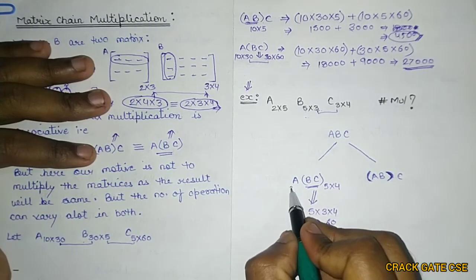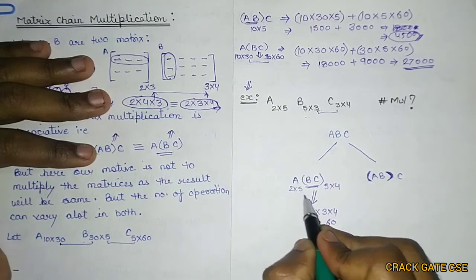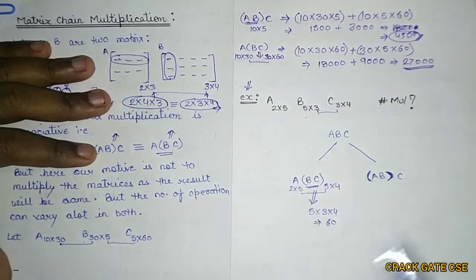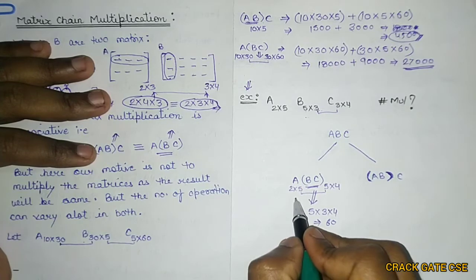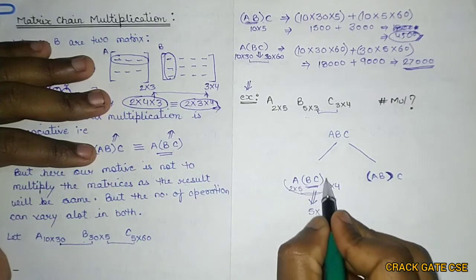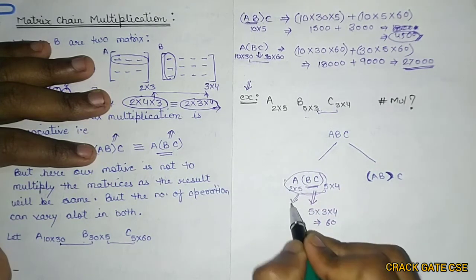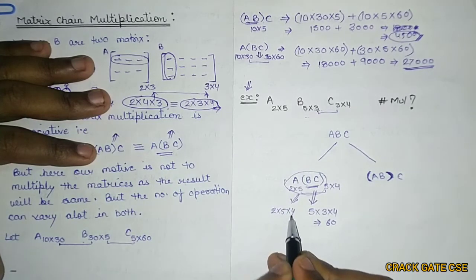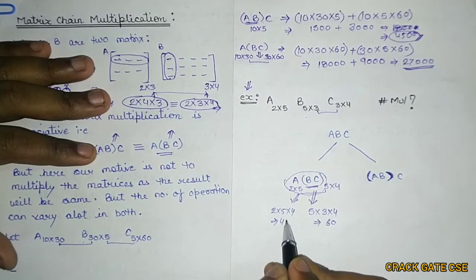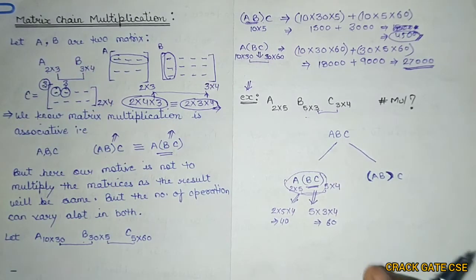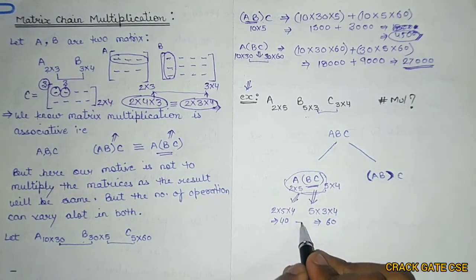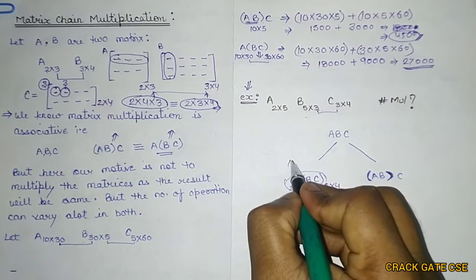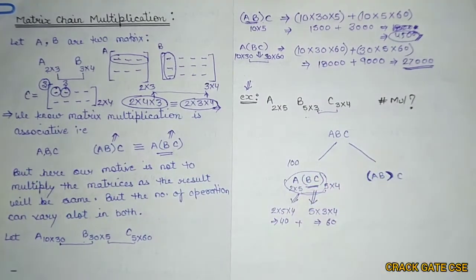Now I have A with dimension 2 into 5. These are the same, that means they are compatible. So now I have to check what multiplication is required for this. It will be 2 into 5 into 4, which is equal to 40. So what is the total number of multiplications required? That means 40 plus 60, 100 multiplications required using this approach.